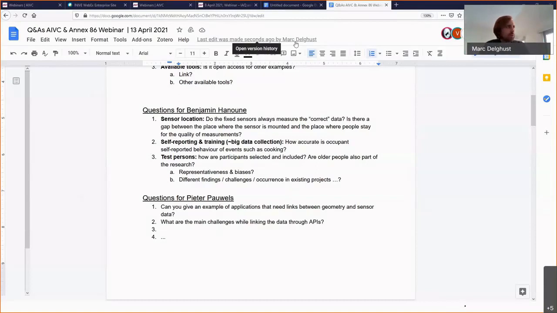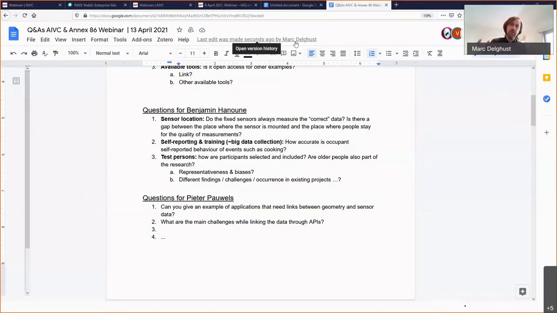It brings us to a next question, because you mentioned that it is a way to notice an activity, the presence of people, just the fact that the person is present. Of course, you need to train that data to understand the match between the signal and the activity. An interesting question is how accurate is occupant self-reporting of events, for example cooking?